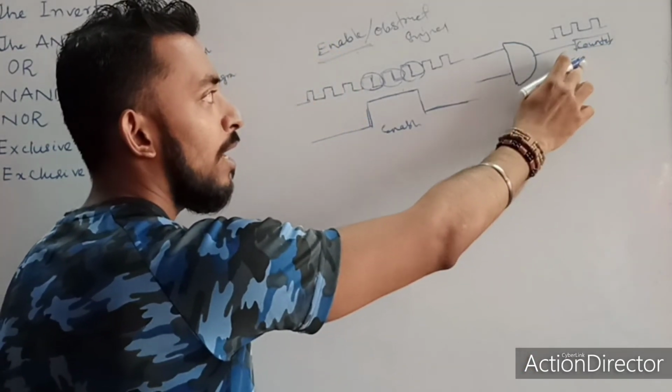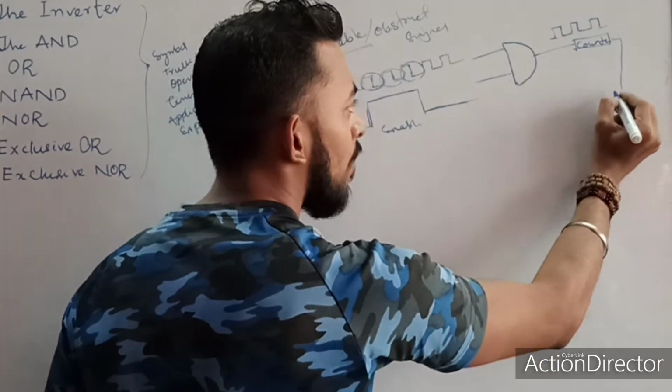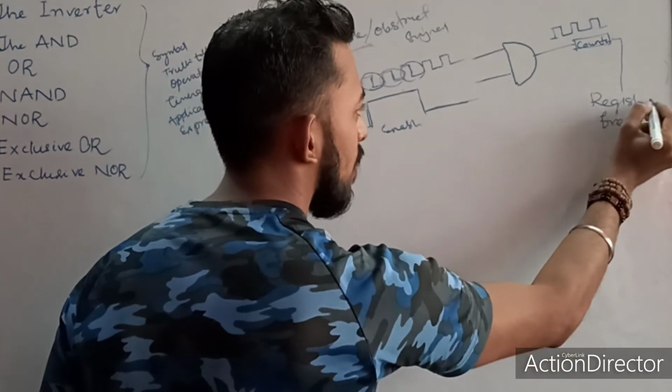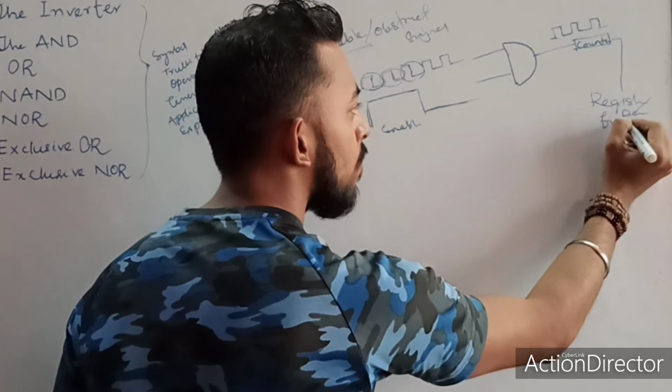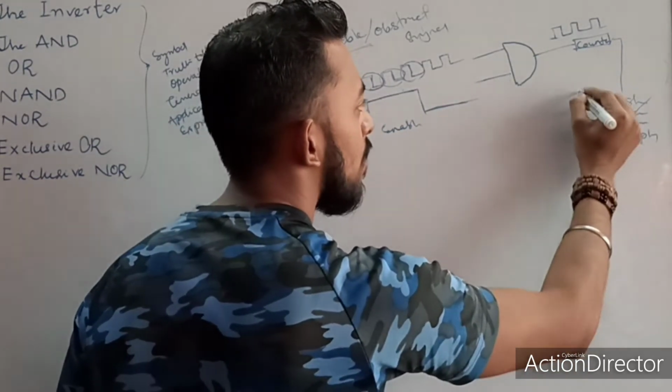This counter will count the number of pulses coming. To the counter I add a register or a decoder that will count the number of pulses. It will also show me the frequency display.